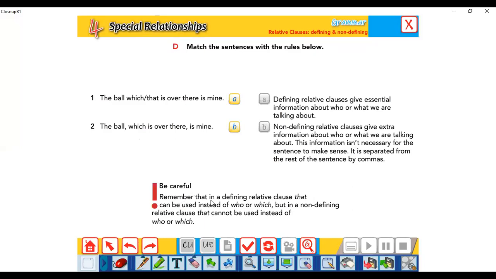Remember that in a defining relative clause, that can be used instead of who or which, but in a non-defining relative clause, that cannot be used instead of who or which. It means we can replace who or which with that only in a defining relative clause, but we can't replace them in a non-defining relative clause.